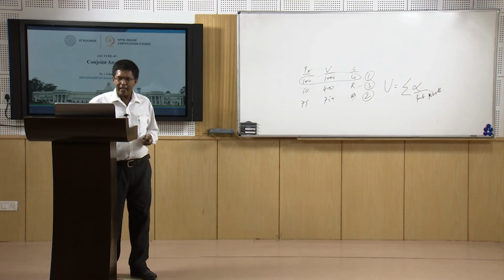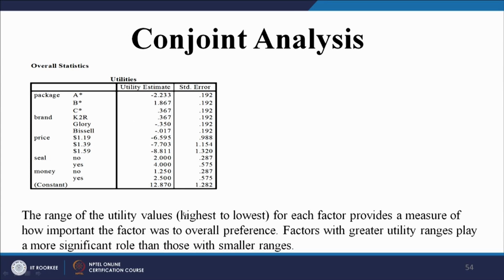Now what it is saying is that the range of the utility values for each factor provides a measure of how important the factor was to the overall preference. Factors with greater utility ranges play a more significant role than those with smaller ranges. You can see this factor has minus 2.233, 1.867, 0.367, and brand is this much.